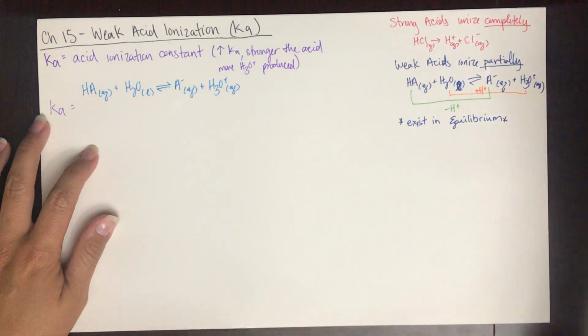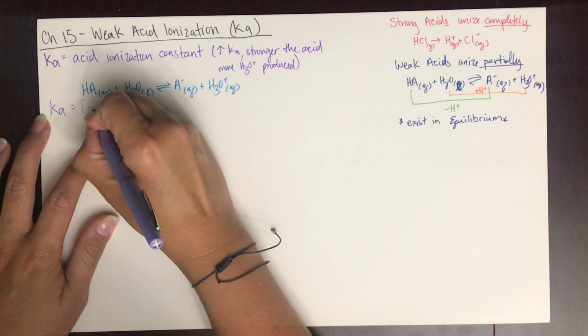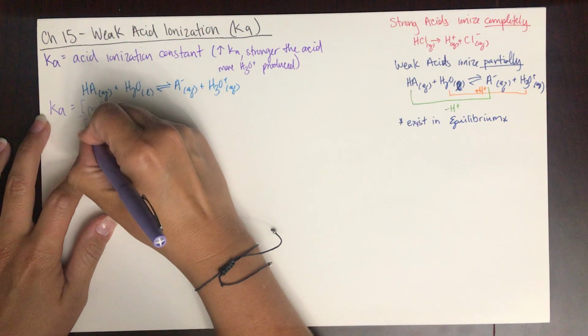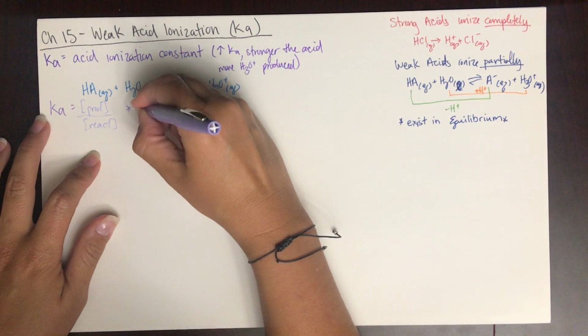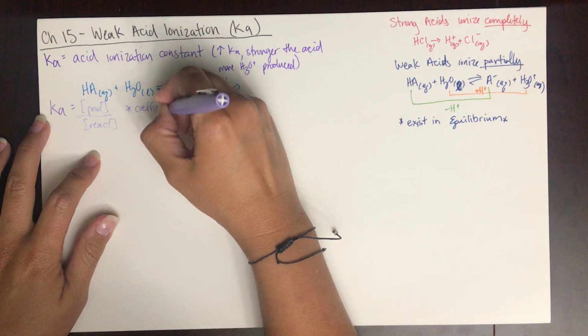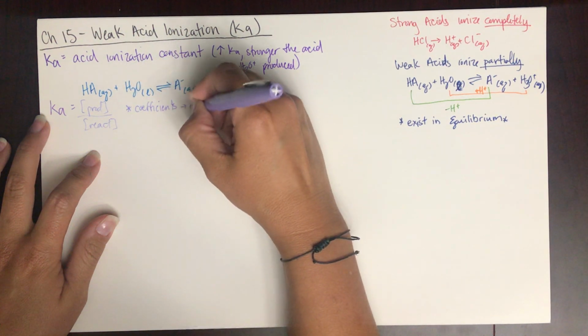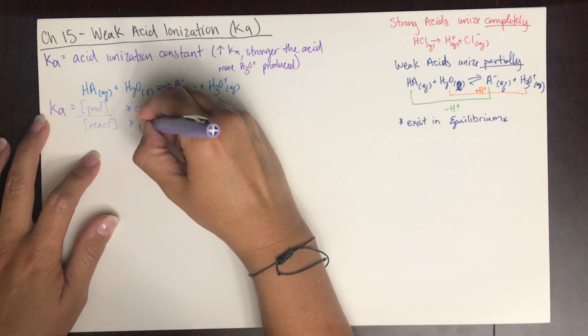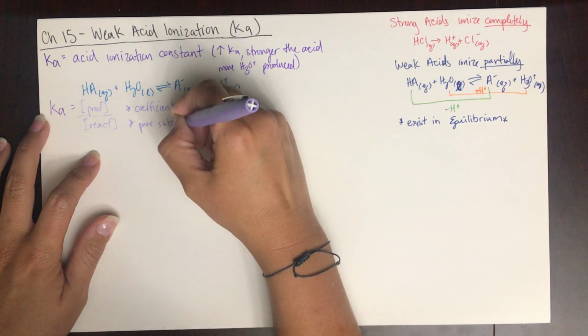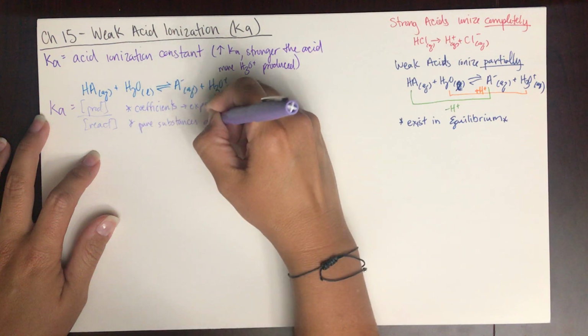So remember what the Ka is. The Ka is the concentration of the products over the concentration of the reactants. Remember, all the same rules apply. Coefficients become exponents, and pure substances are excluded.